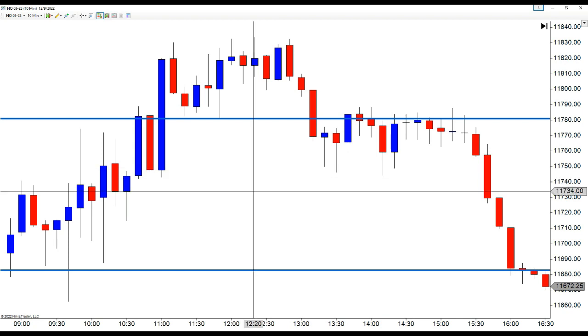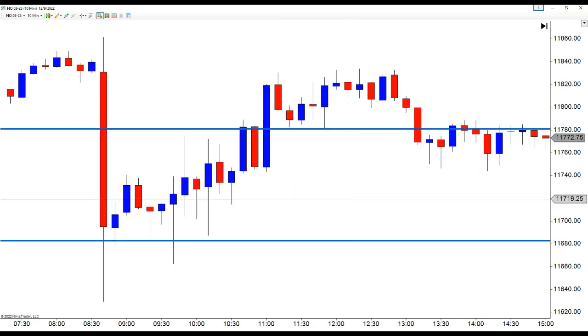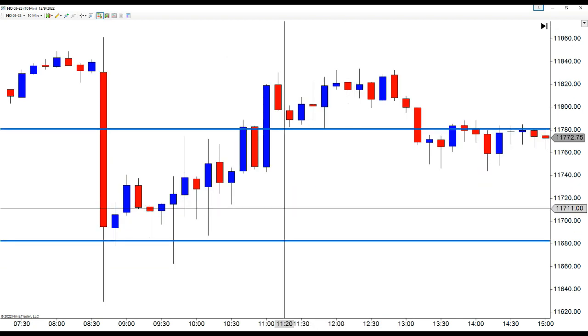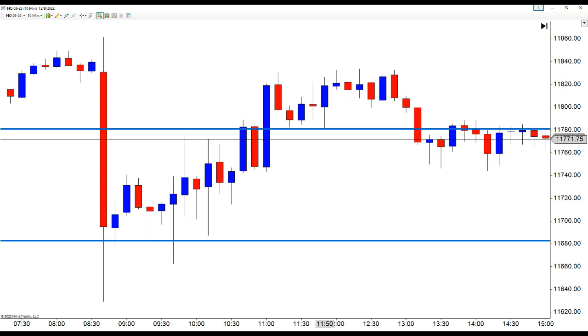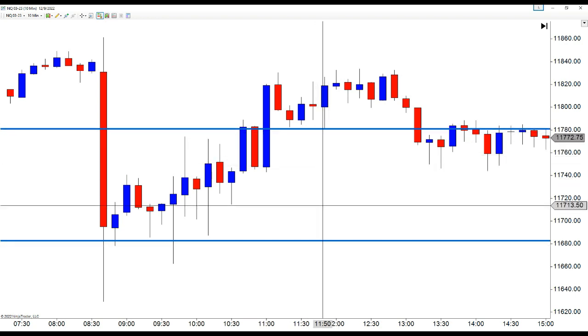Try to use it with this idea of judging the strength and weakness of the market based on where it is in relation to the triggers. Okay. As far as price completions, I know I promised a video on price completions.